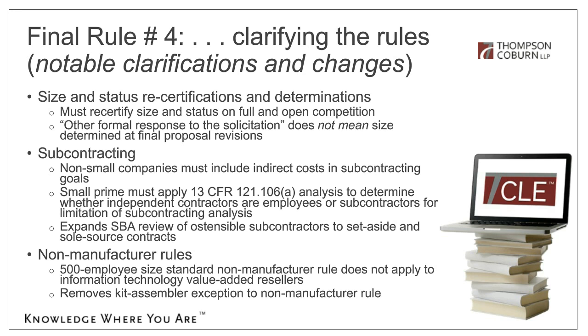So what that was really getting at is that whenever there is a multiple award competition and the small businesses won the multiple award contract based on full and open competition, and then they later compete for a task order or a delivery order that has been set aside for a small business, they are going to have to recertify their size and status under that task order.